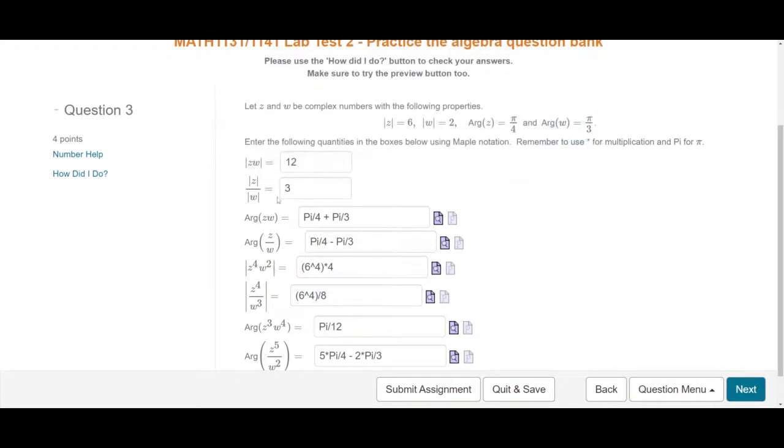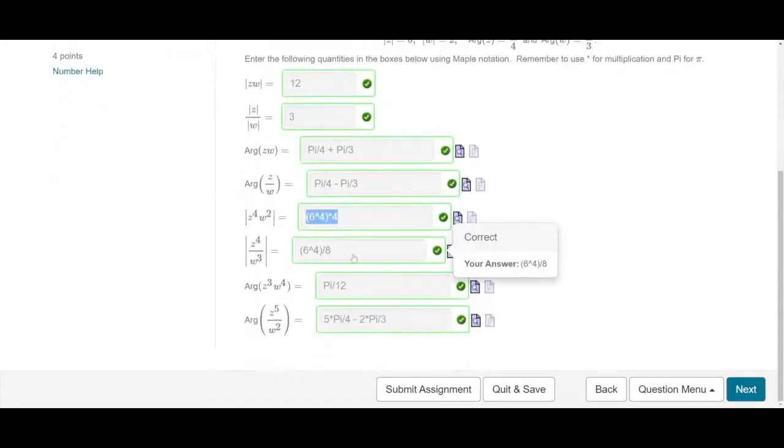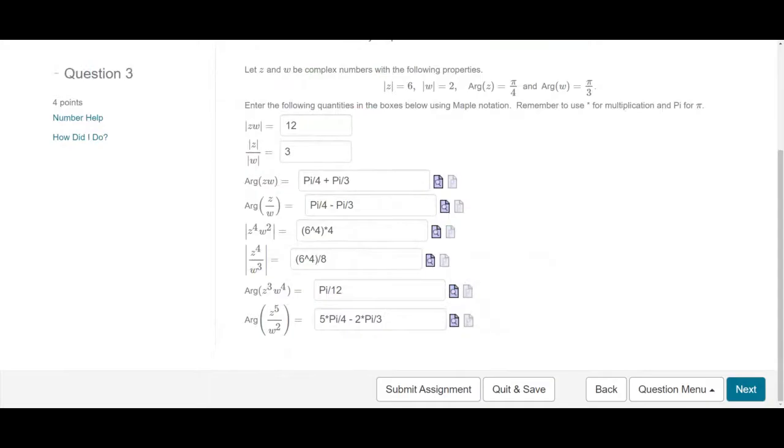And yep, how did I do? Feels so good. Okay, in this one, you want to take 6 to the power 4 and divide it by 2 to the power 3. Okay, easy.